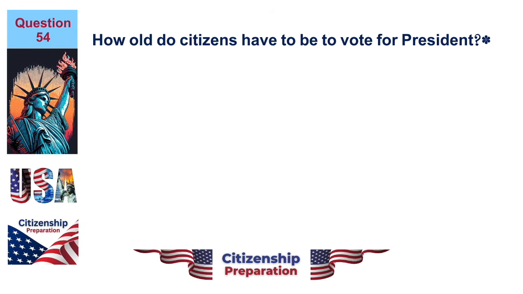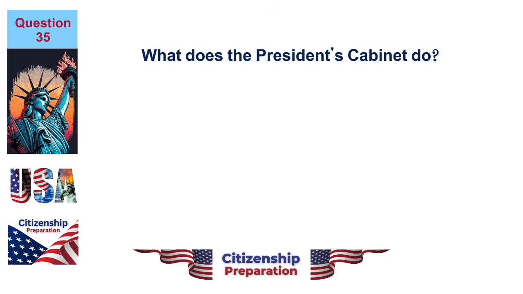How old do citizens have to be to vote for president? 18 and older. What does the President's Cabinet do? Advises the President.